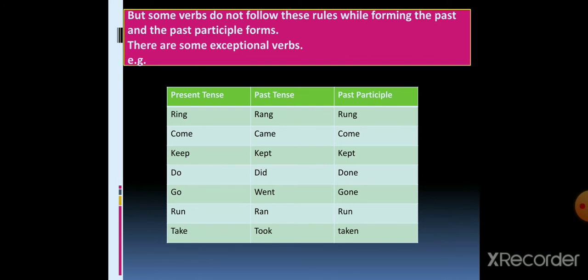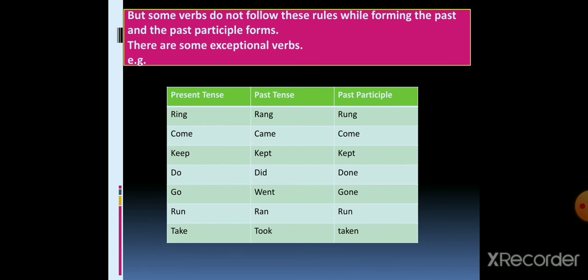Take, took, taken. So these are some examples which I have noted in this table, but now it is your homework that every day you collect 20 verbs and write them down in your notebook. Is it clear? This is the homework, take it seriously, do it properly.